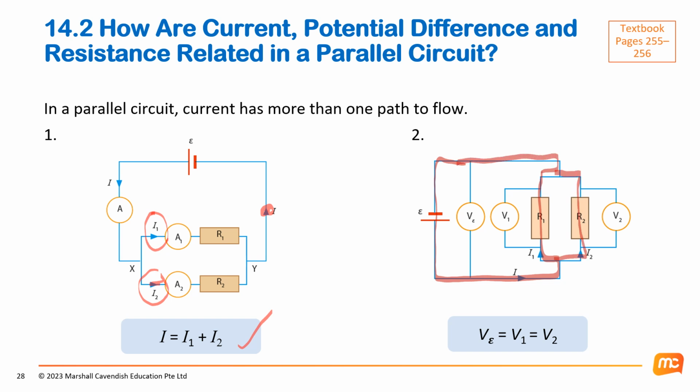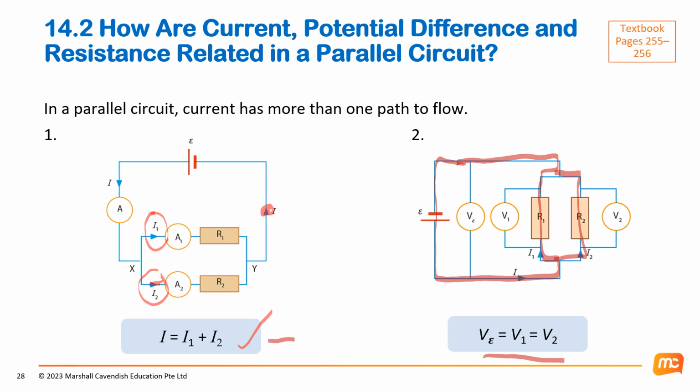This is the path that it travels. So to them, the potential difference across each of the resistors is the same. So VE equals V1 equals V2.